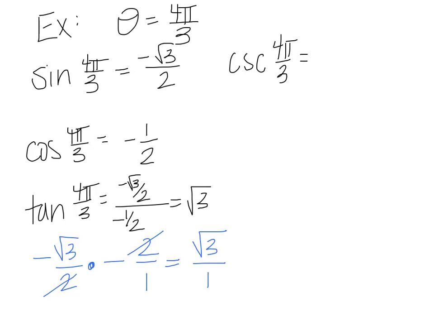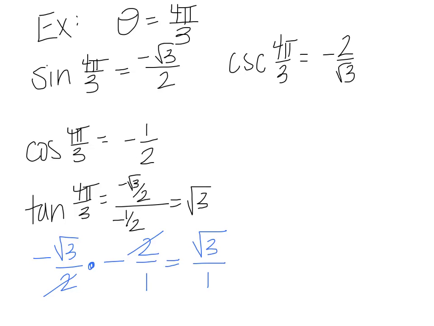So if we already know what the sine of an angle is, we just have to flip that fraction to get the cosecant. So if my sine is negative square root 3 over 2, my cosecant will be negative 2 over the square root of 3.